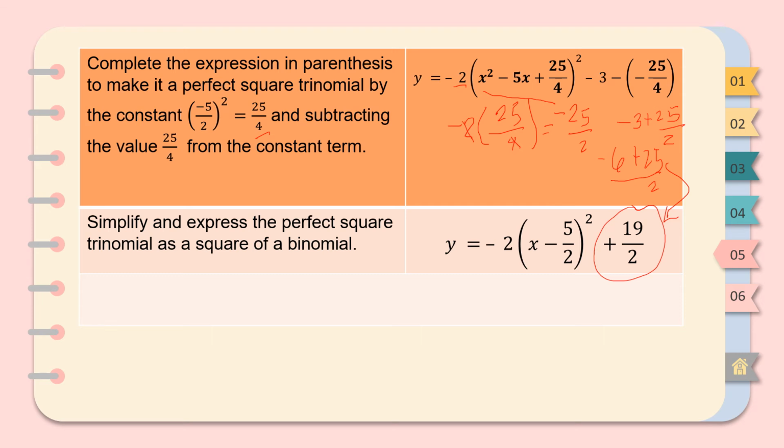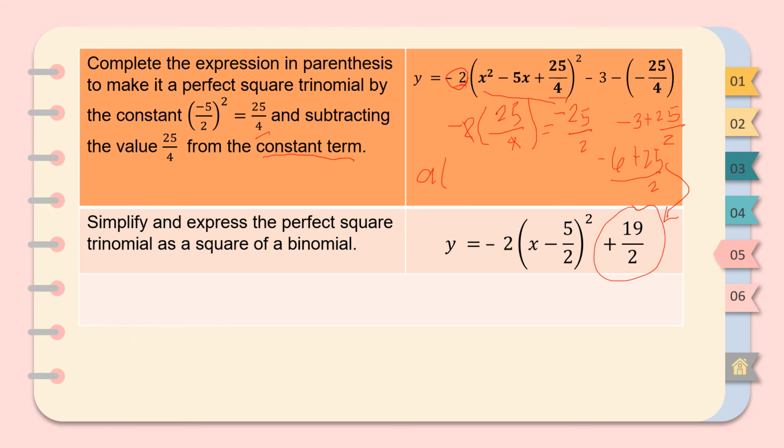So, lagi nyo pong tatandaan, para makuha nyo po yung iso-subtract nyo po sa constant, kailangan nyong i-multiply yung a value. Mo-multiply nyo yung a value doon po sa nakuha ninyong c value doon part sa perfect square trinomial.